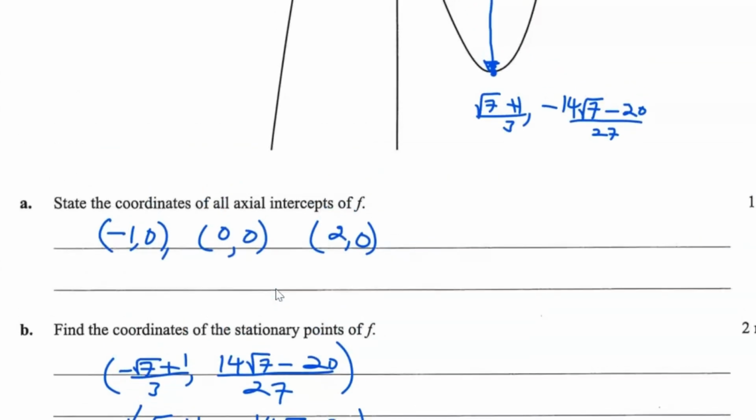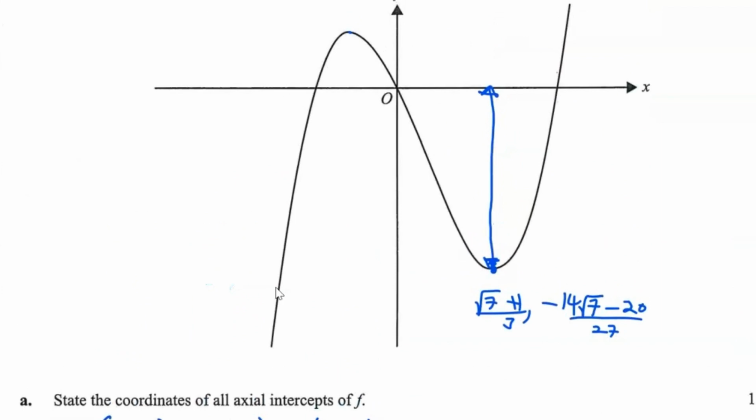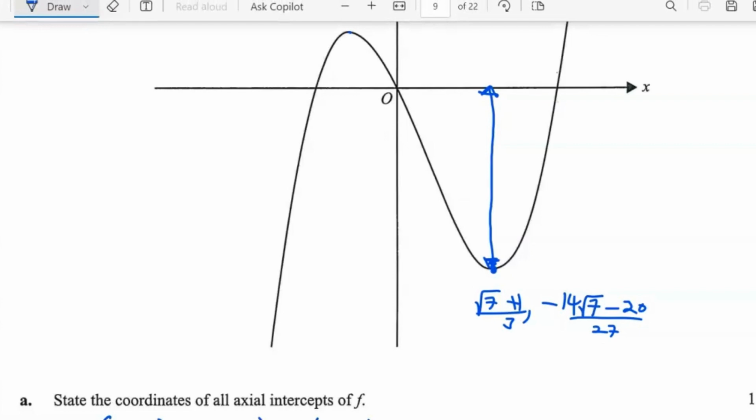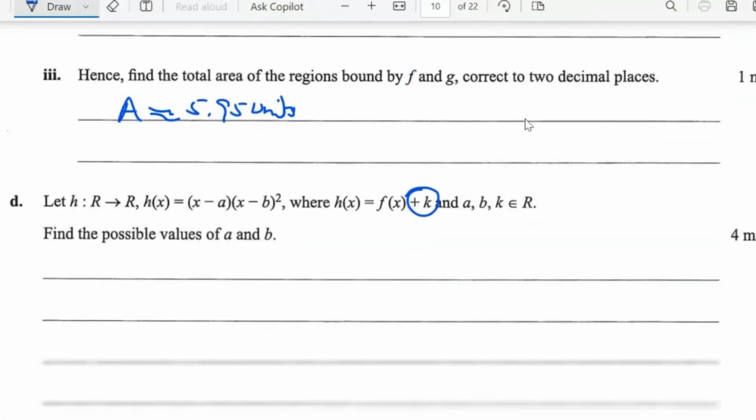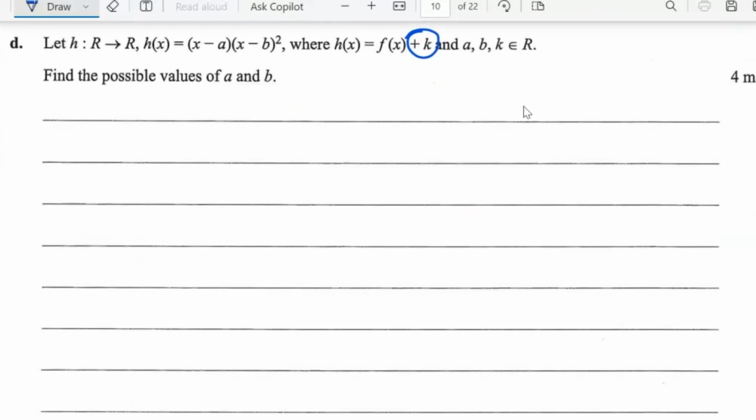We're going to make it positive in order for this whole graph to sit there. It's like shifting this whole graph and making it sit up there.